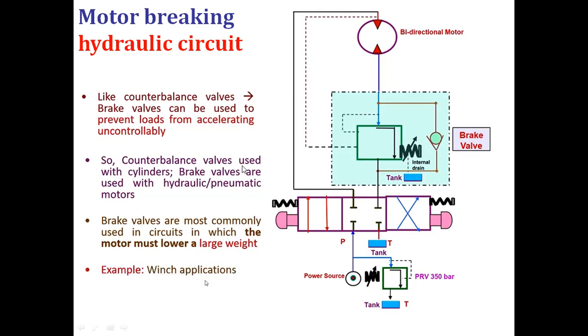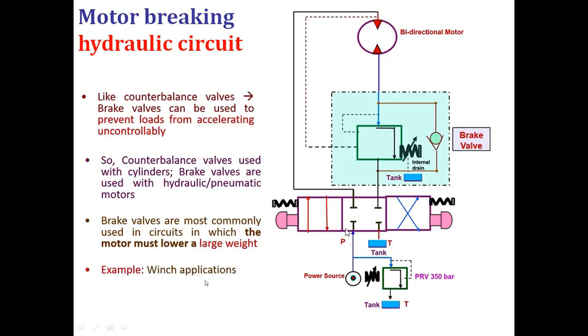Counterbalance valves are used with cylinders; brake valves are used with hydraulic and pneumatic motors. Brake valves are most commonly used in circuits in which the motor must lower a large weight, for example, winch applications.